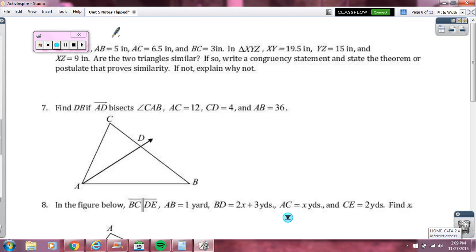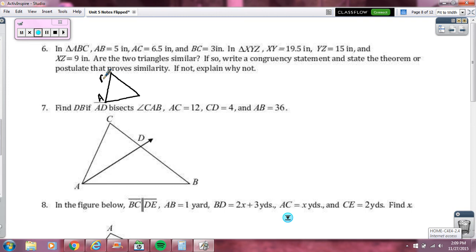Alrighty, what's up next? We have, in triangle ABC, AB is 5 inches, AC is 6.5 inches, and BC is 3. Whoa. Not sure what is happening. Must draw A, B, C. So AB is 5, AC is 6.5, and BC is 3.